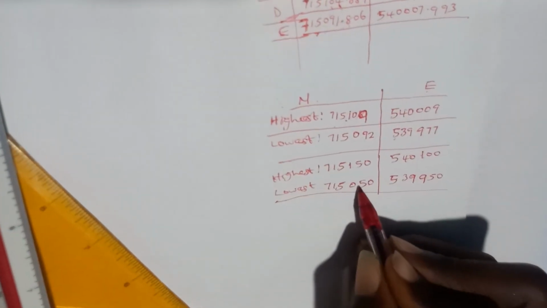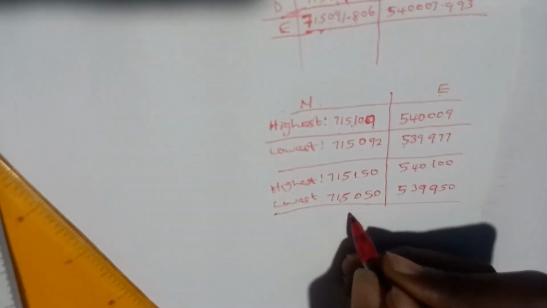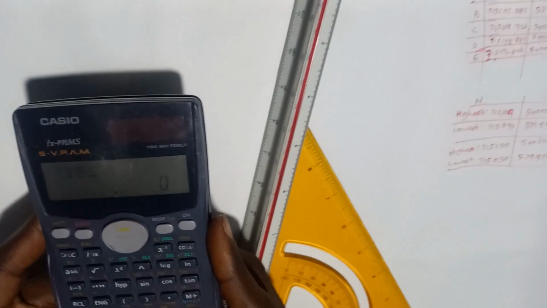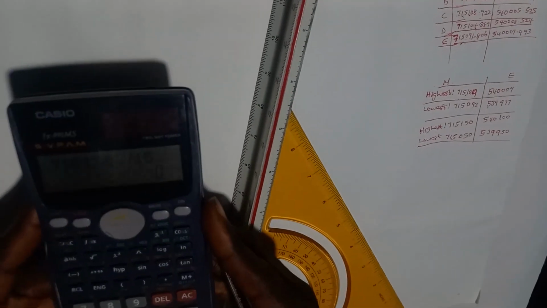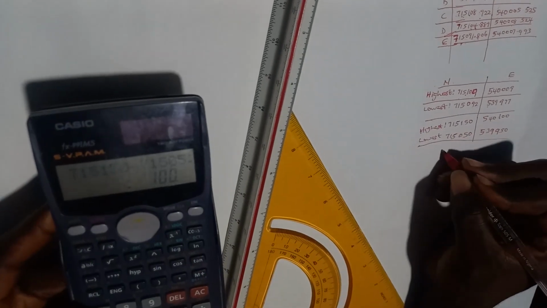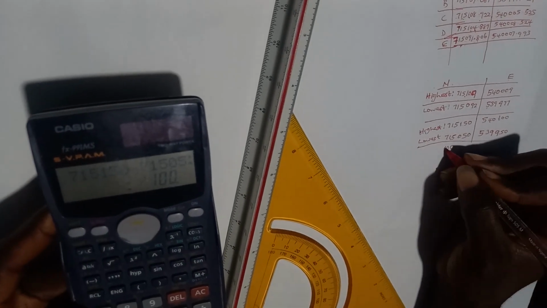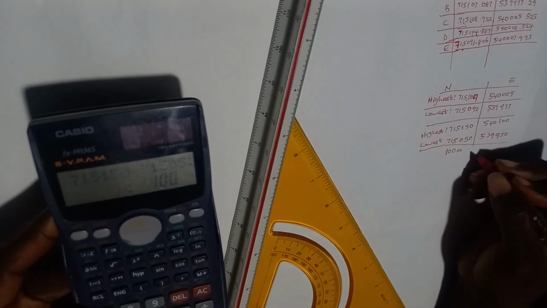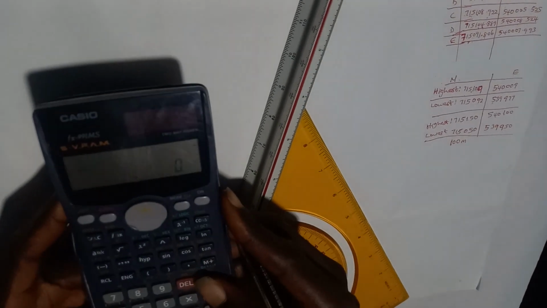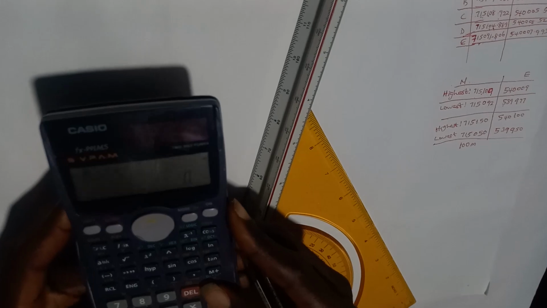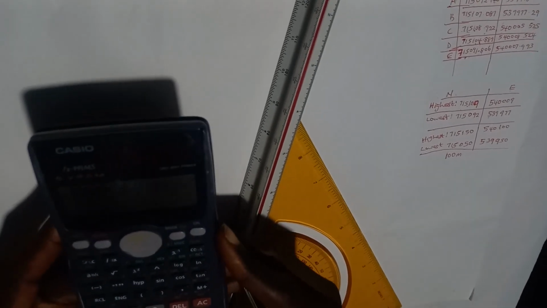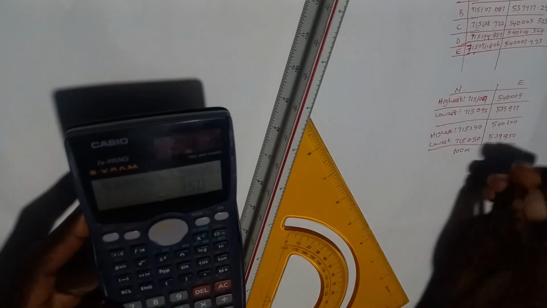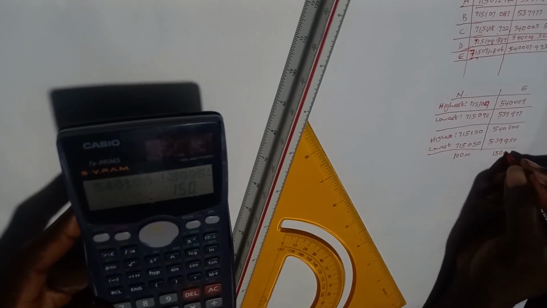The difference: when we punch the calculator, 715,150 minus 715,050, that is a difference of 100 meters for my northings. And for the easting, 540,100 minus 539,950, that is a difference of 150 meters.